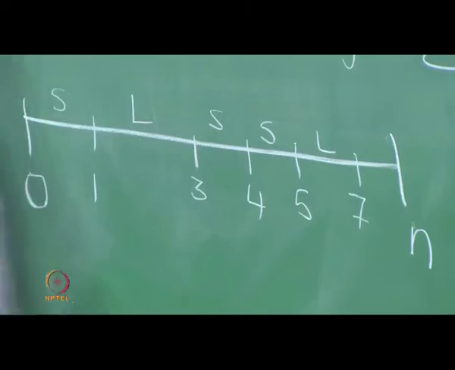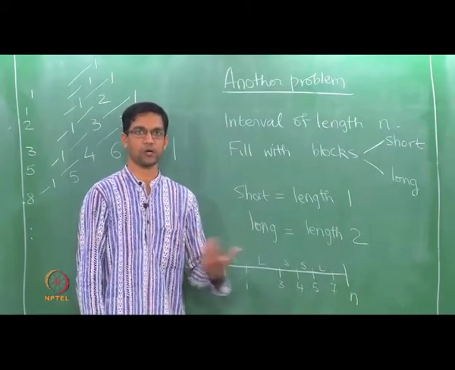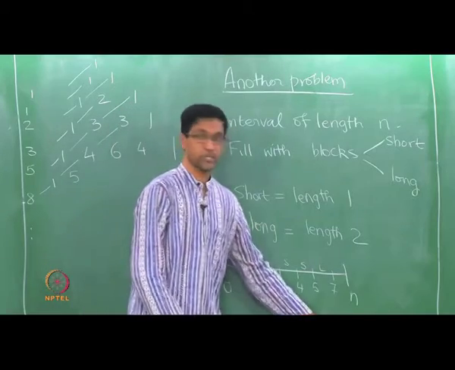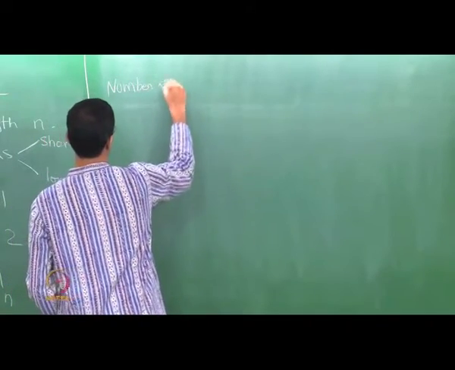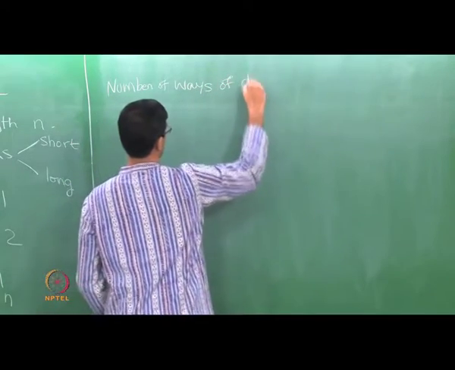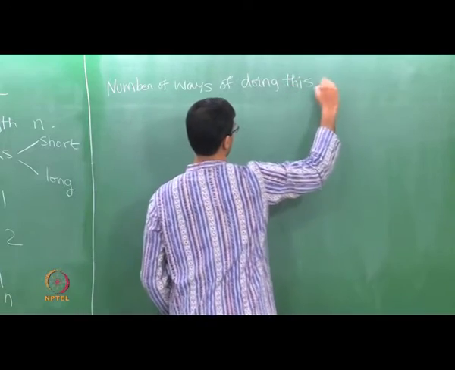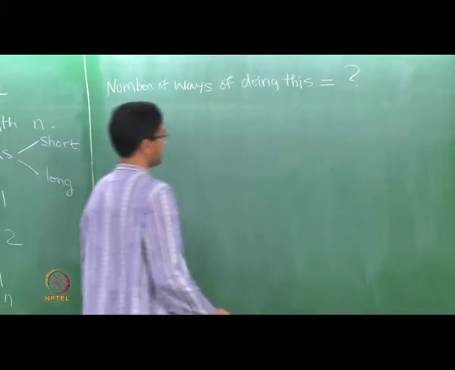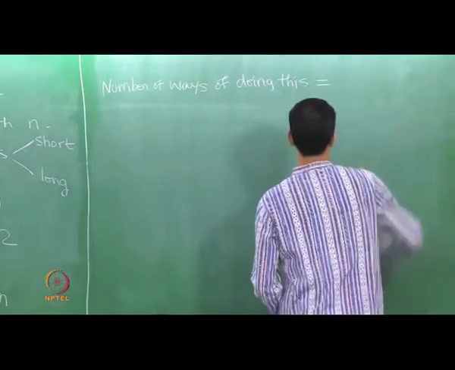Okay, so imagine you had to fill up this interval between 0 and n by a succession of short and long blocks, and the question is, in how many ways can this be done? Okay, so let's give this a name. Let's say the number of ways of doing this is, let's say, g of n.